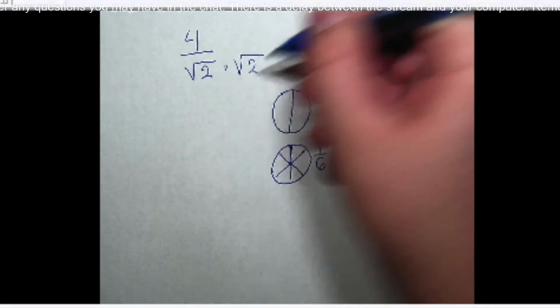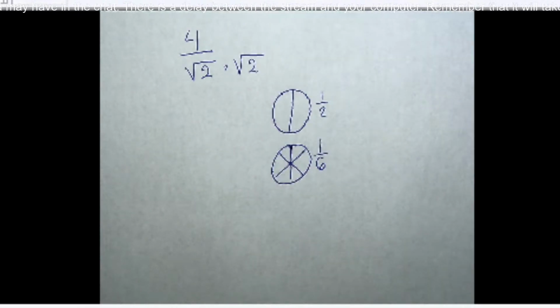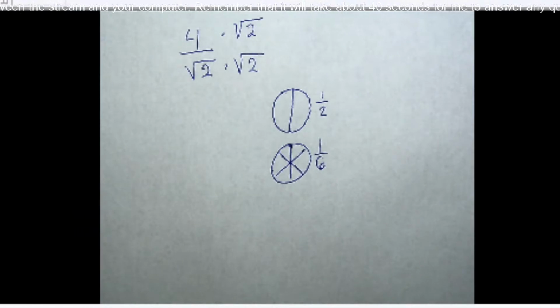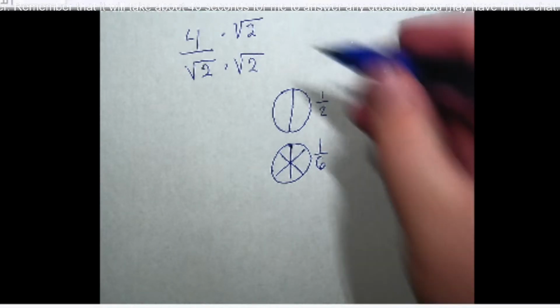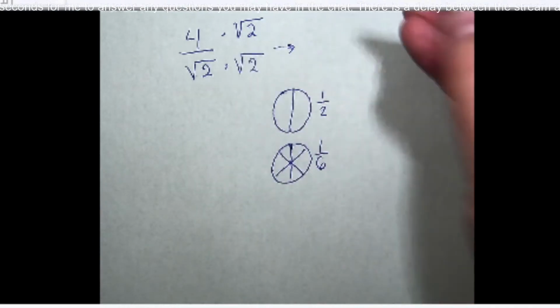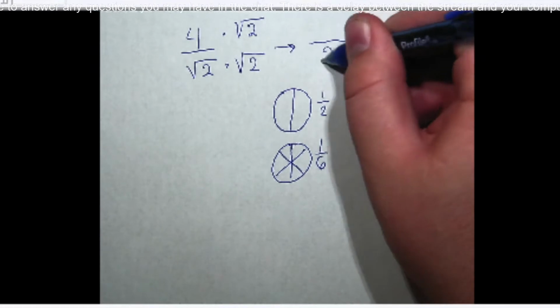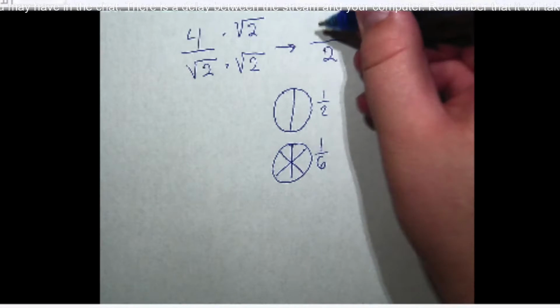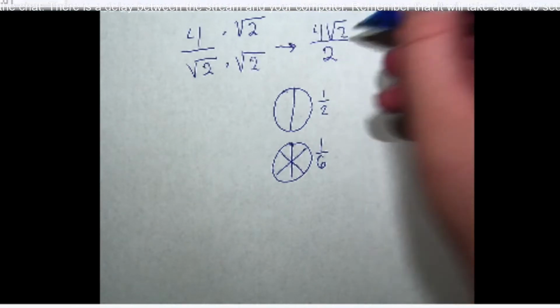So we can multiply this times itself, but we also need to multiply the top by that, since we want to make sure we keep our fraction really the same. We don't want to change the value of our fraction. So the square root of 2 times the square root of 2, that basically cancels out those square roots and gives us 2. And then 4 times the square root of 2 is 4 square roots of 2.